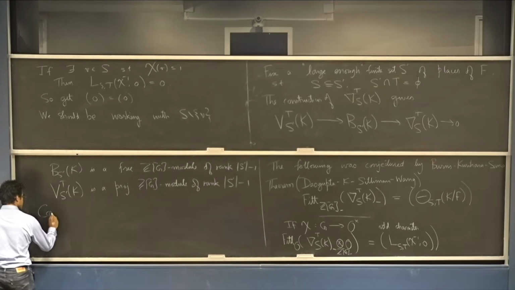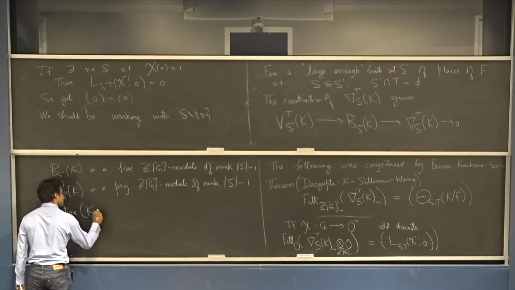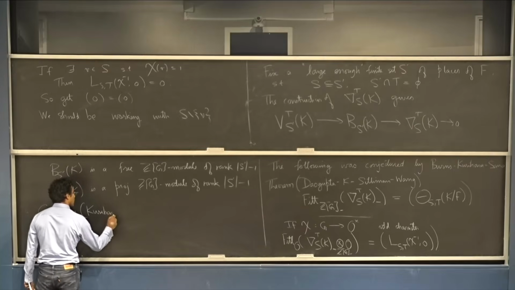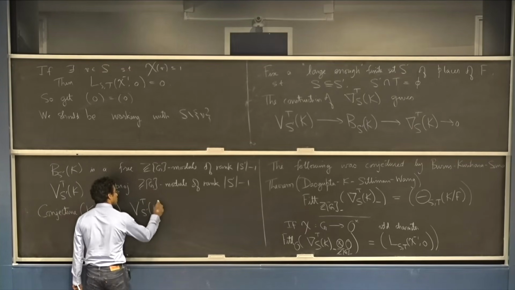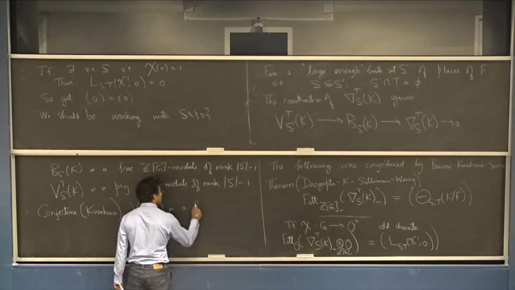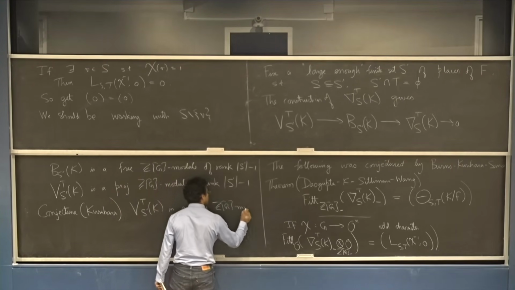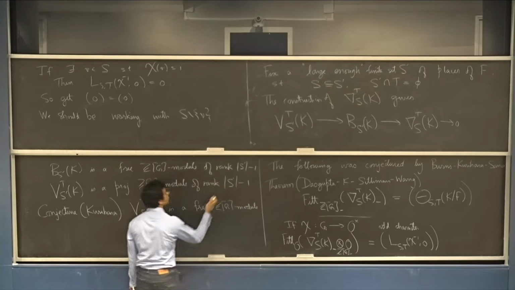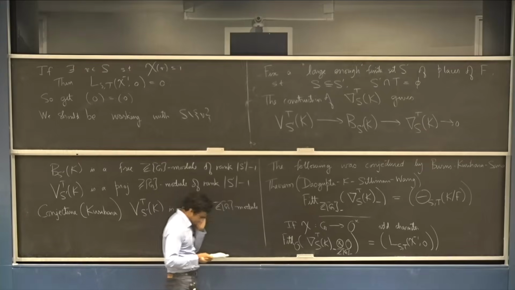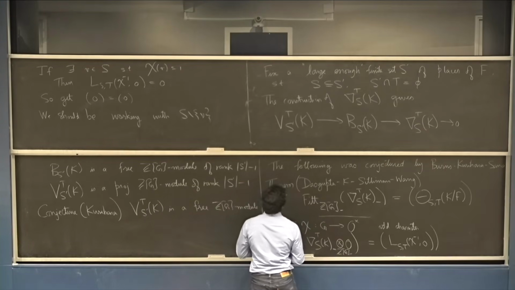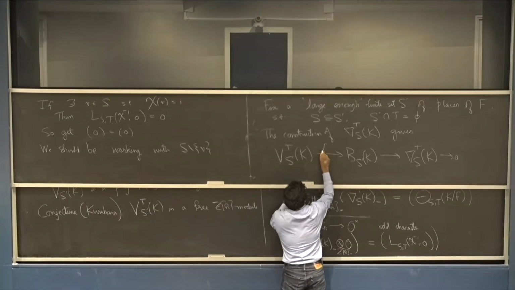And here is a conjecture of Kurihara, which says that this V_T^{S prime}(K) is a free ZG module, and so the rank would be this, right? Okay. Maybe I'll also give this a name, FK.